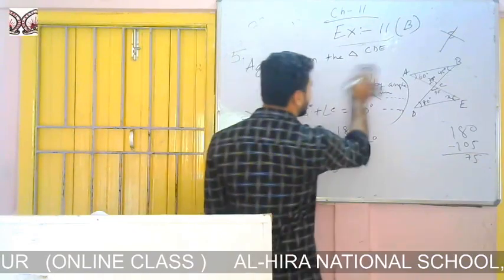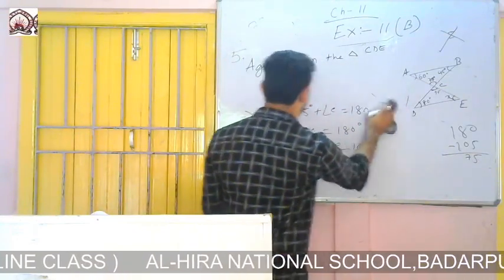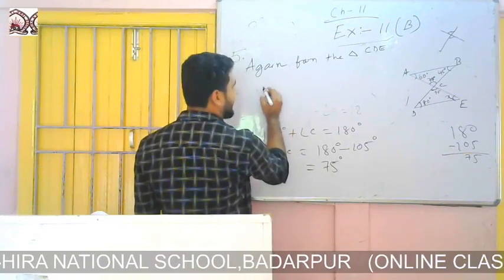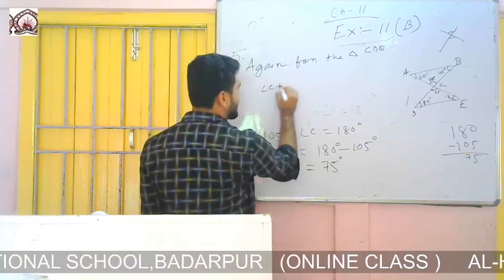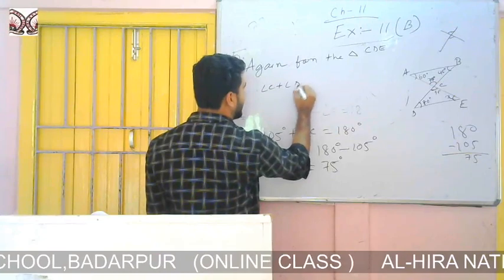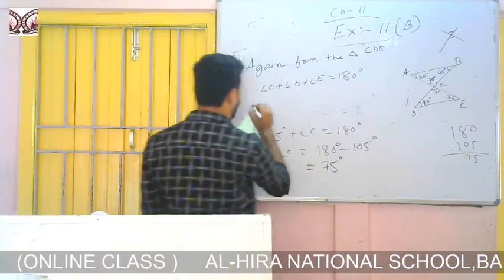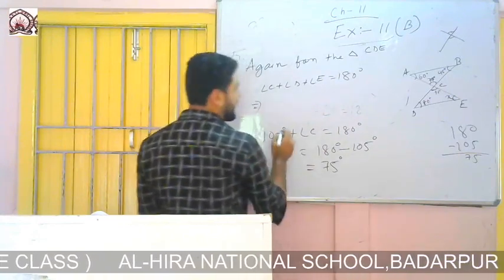If I add this, then we will get the answer. Okay. Angle C plus angle D plus angle E equals to what? 180 degrees. So from that I can find here.